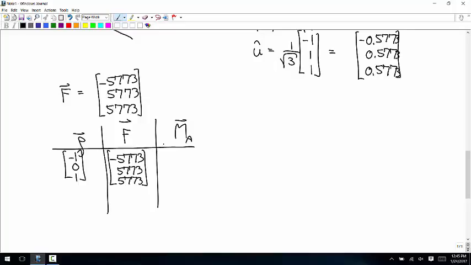Now just take that cross product to get the moment, and you get -5773, 0, -5773.